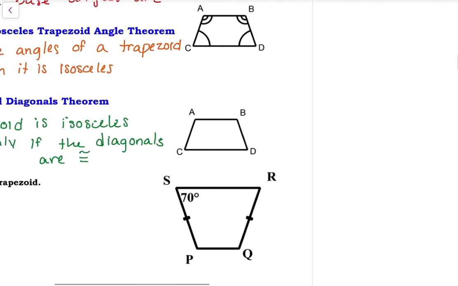So the diagonals would be the lines running through the trapezoid connecting opposite corners. So AD would be a diagonal, and BC would be another diagonal. Now, if this is an isosceles trapezoid, then AD would have to equal or be congruent to BC, and that would have to be true.